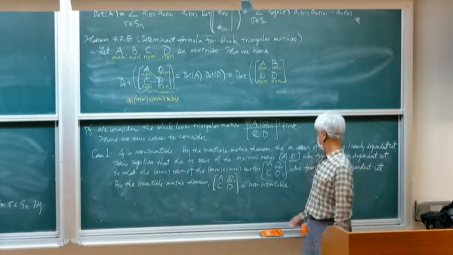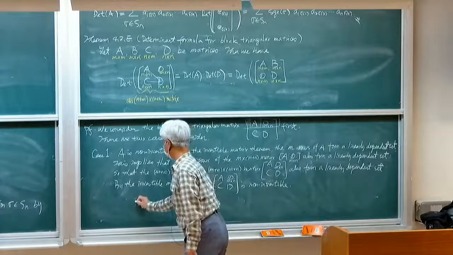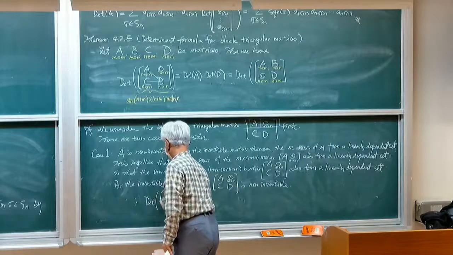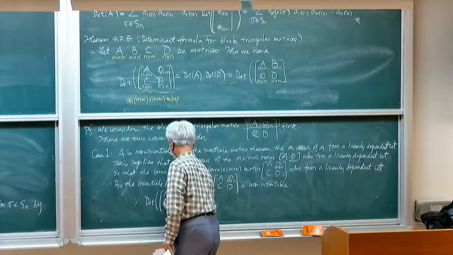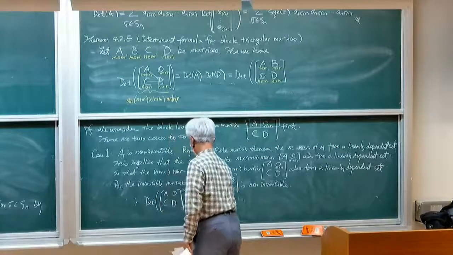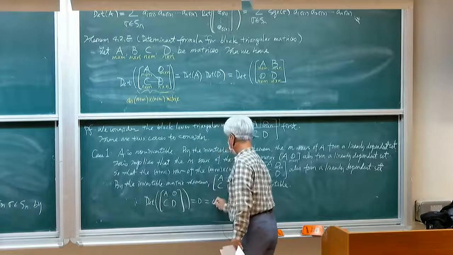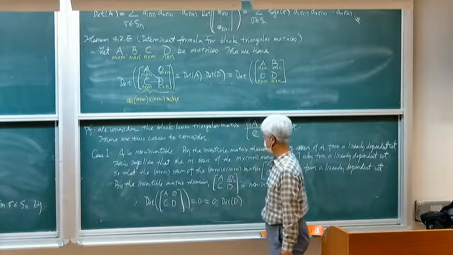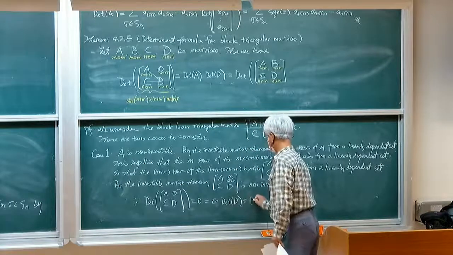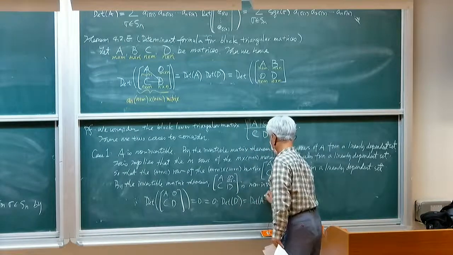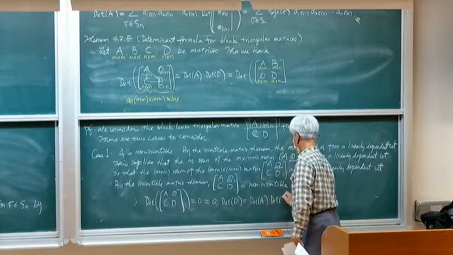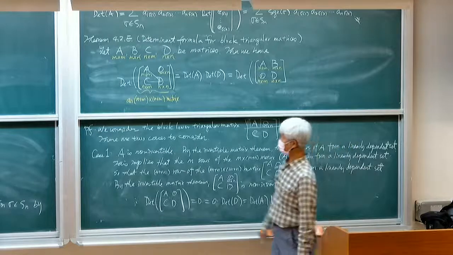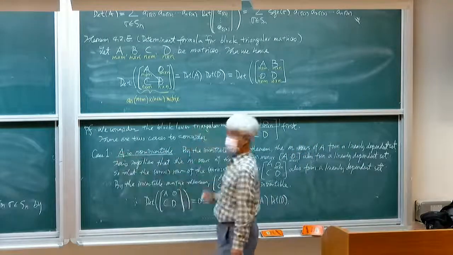Okay? And then the determinant of A, 0, CD is 0, and 0 times the determinant of D, okay? And 0 is the determinant of A, and this is the determinant of D. Okay, so we have done the first case, when A is non-invertible.